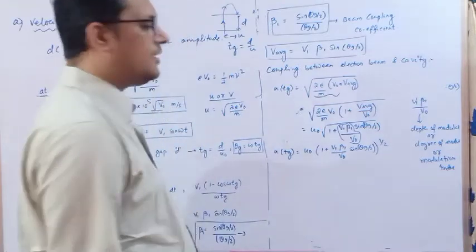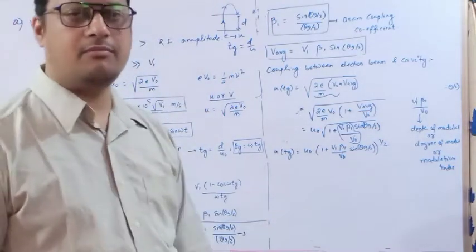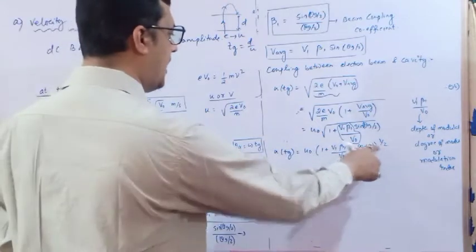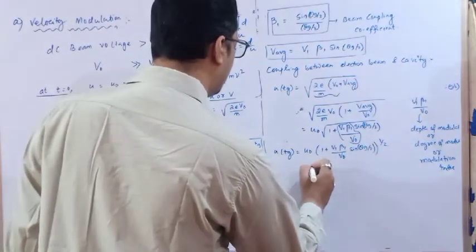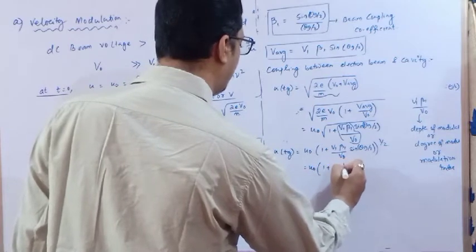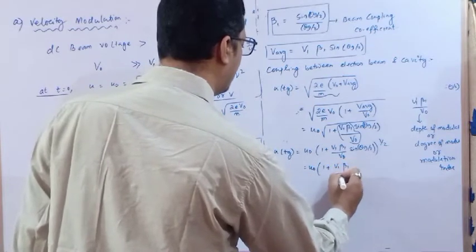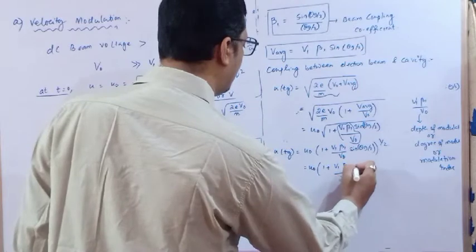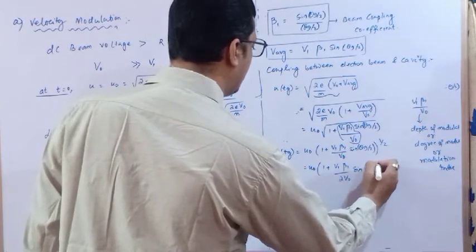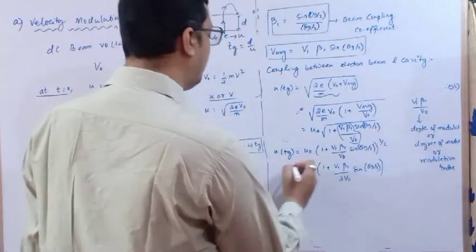Done. Now if you expand this with the help of a Fourier series, this half will come down, so we will get u naught times 1 plus V1 beta 1 by 2 V naught sine of theta g by 2. It is a simple expansion.